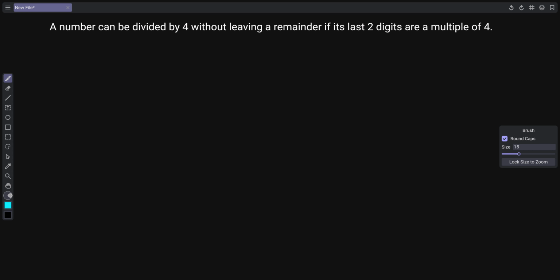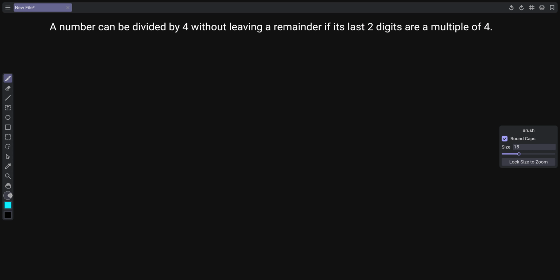And the rule is that a number can be divided by 4 without leaving a remainder if its last two digits are a multiple of 4. So if we are able to divide the last two digits of a number by 4 without leaving a remainder, then we can divide that entire number by 4 without leaving a remainder.